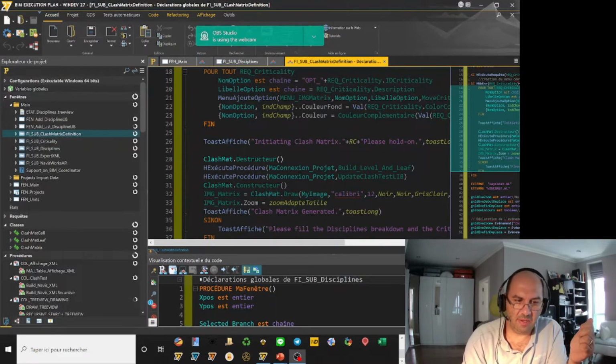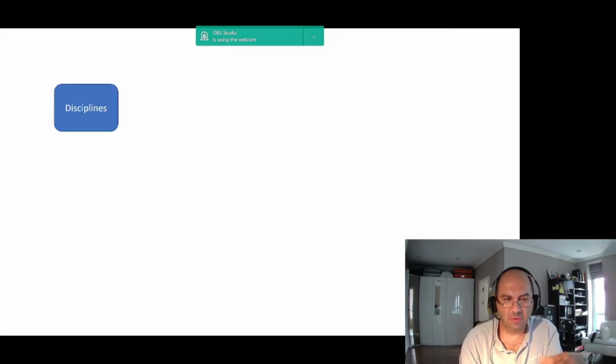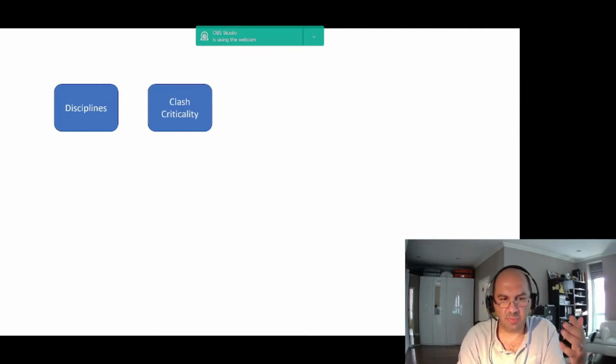So just let's come back to the basics. To create your coordination matrix and document it, you need to have several inputs in your process. First of all, you need to have a list of disciplines.